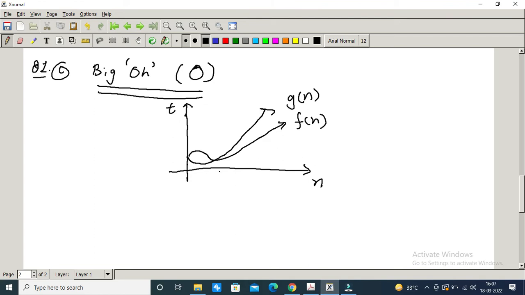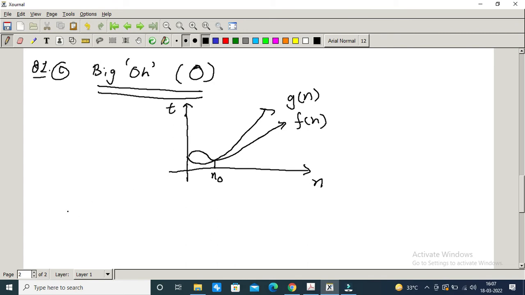Let's say this is n naught. After this n naught, after this value of n, g(n) is greater than f(n).